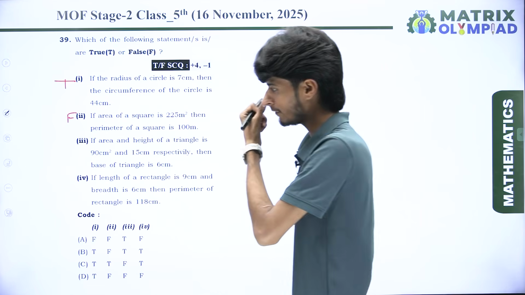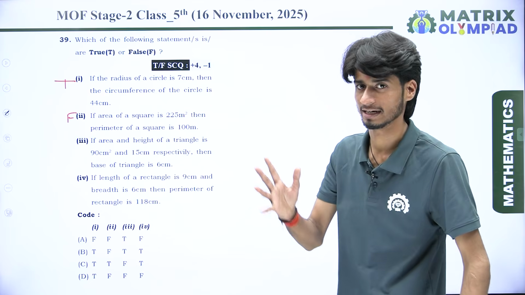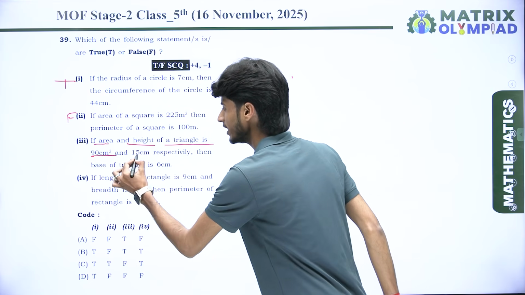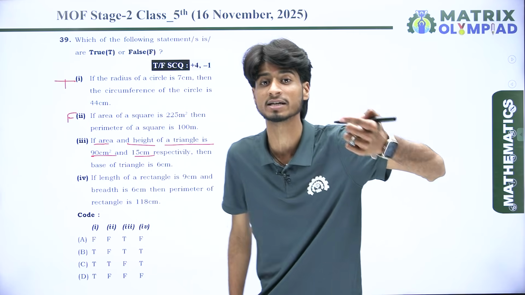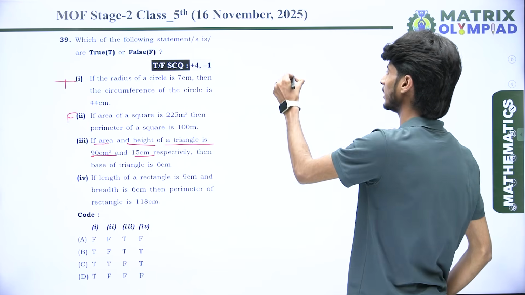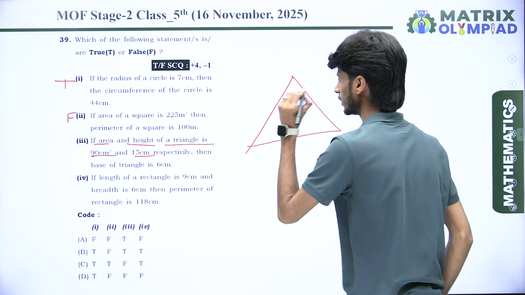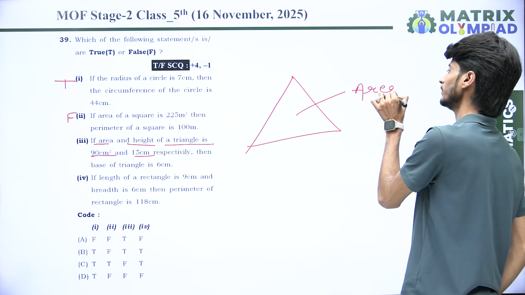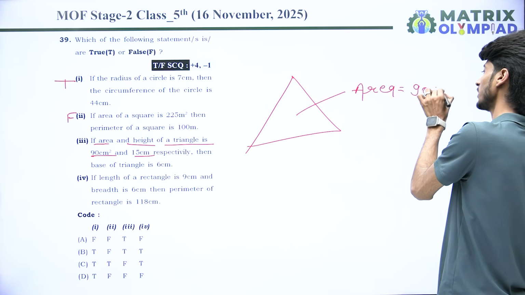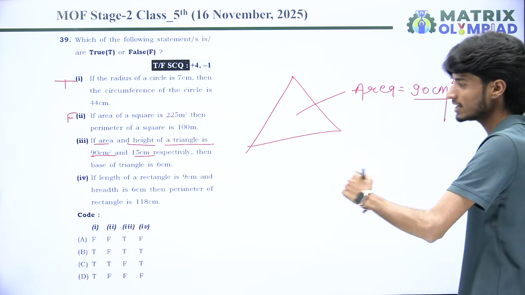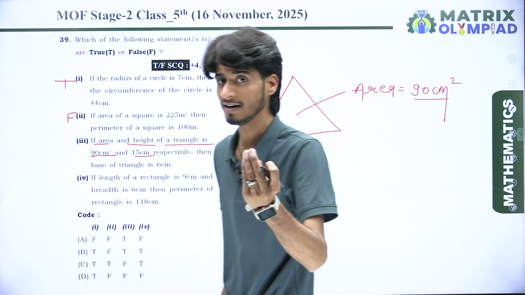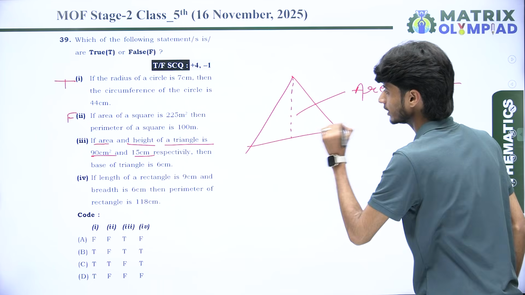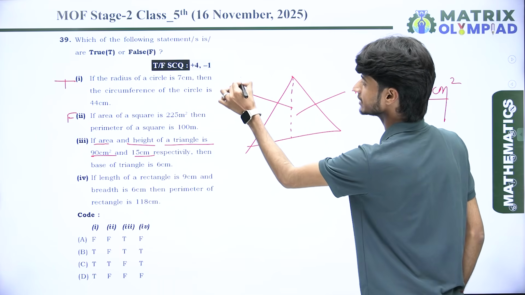Okay, now we have the third point of question number 39. What does it say? If the area and height of a triangle are 90 centimeter square and 15 centimeter respectively, that means we have a triangle like that. The area is equal to 90 centimeter square according to the statement, and the height of the triangle is equal to 15 centimeter.